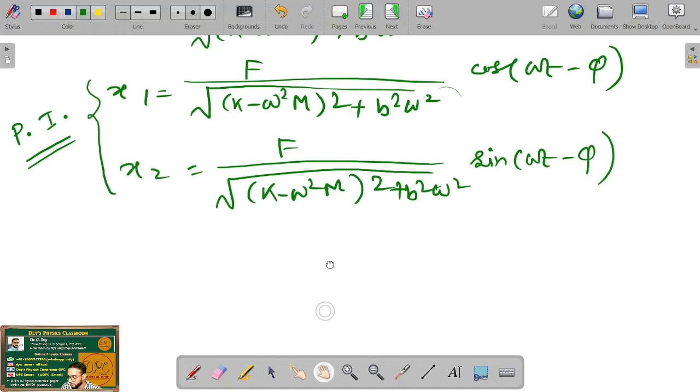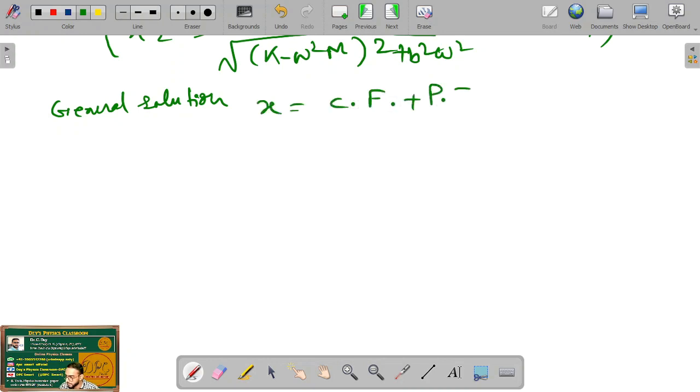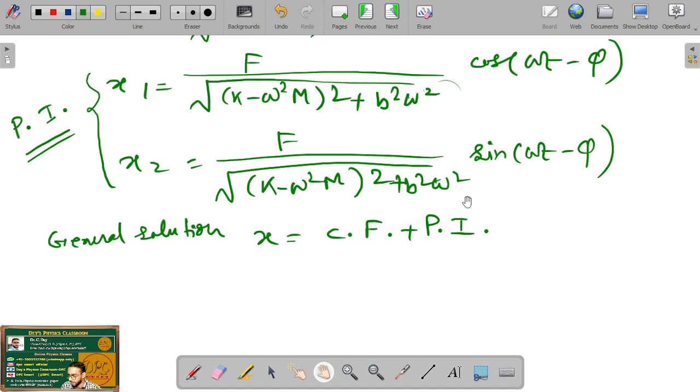So now we have to find out the general solution. The total general solution x would be CF plus PI, that is complementary function plus particular integral. We have complementary functions in terms of cosine form or sine form. Also we obtain particular integral in terms of cosine form or sine form.